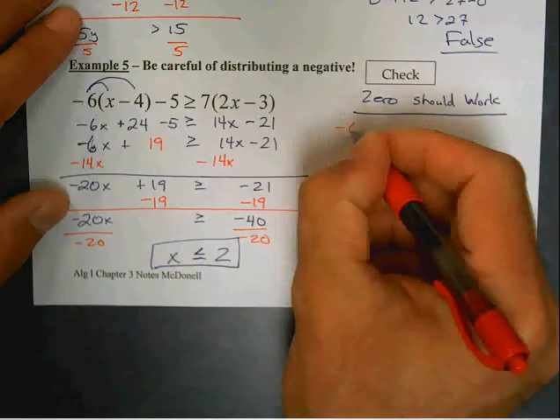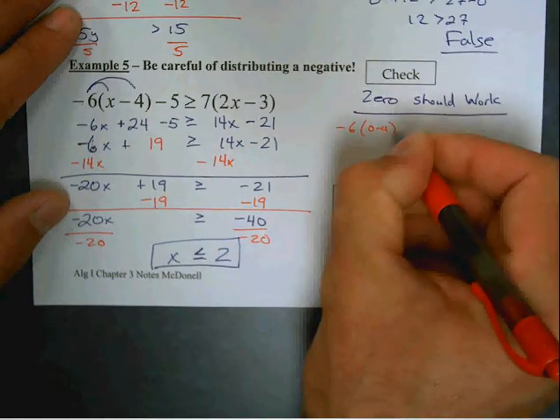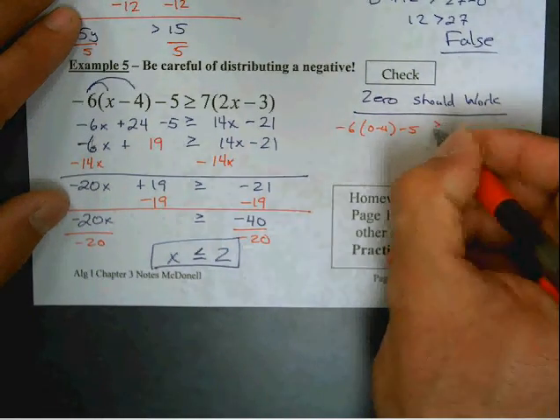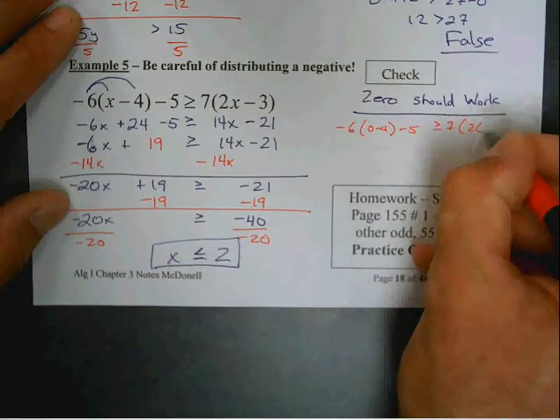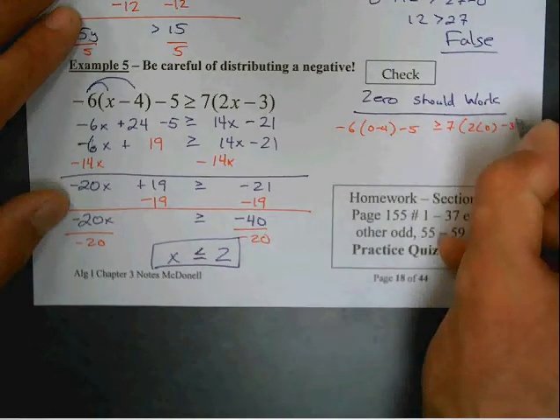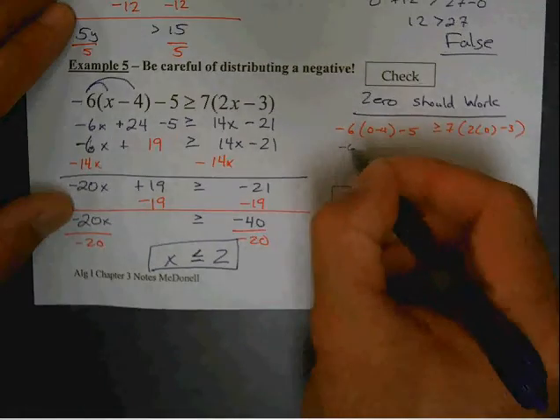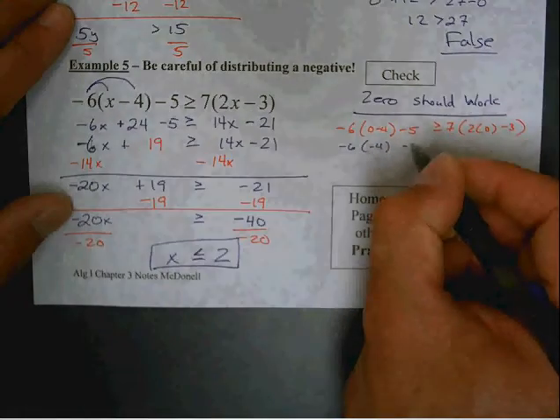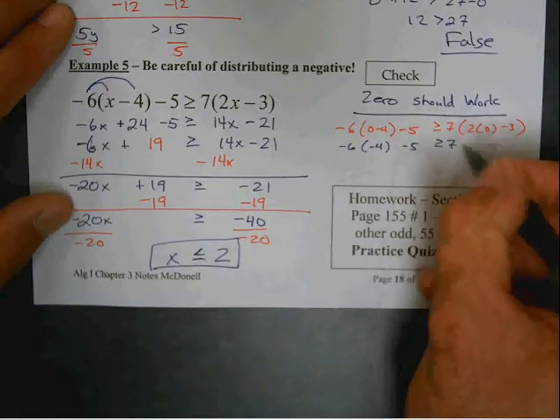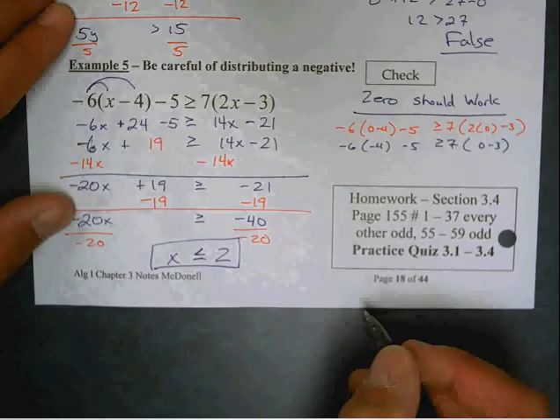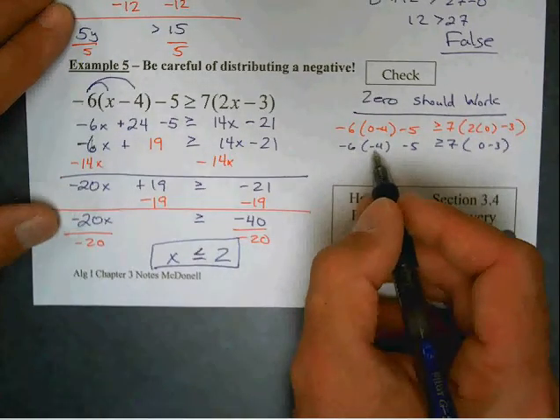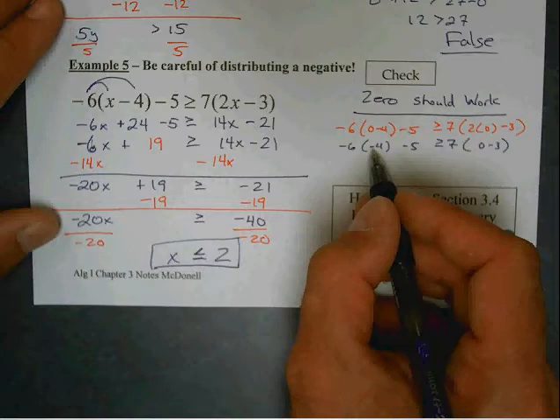Negative 6 times 0 minus 4 minus 5 greater than 7 times 2 times 0 minus 3. Negative 6 times negative 4 minus 5, and 0 minus 3. What's negative 6 times negative 4? 24.